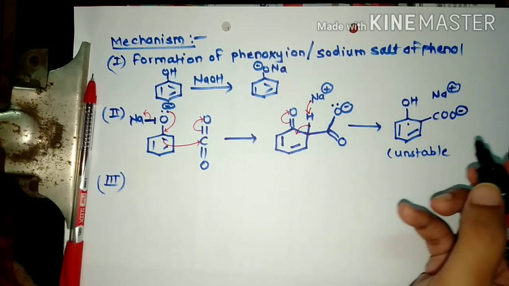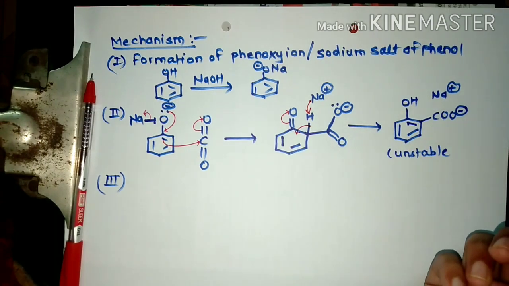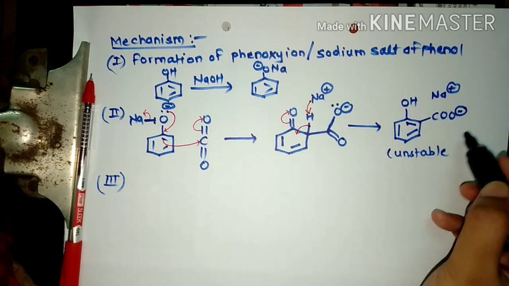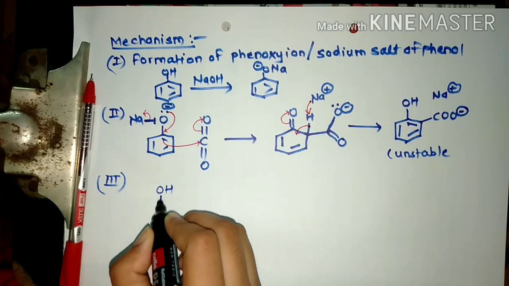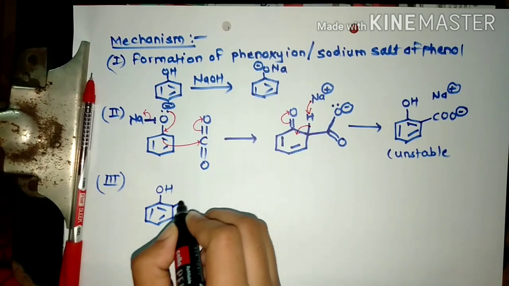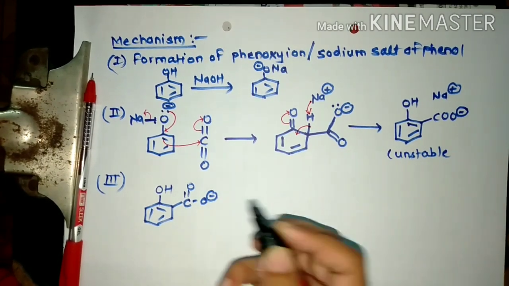Okay. So what will happen over here? To stabilize this one, I will draw this product again here. C double bond O, O minus.